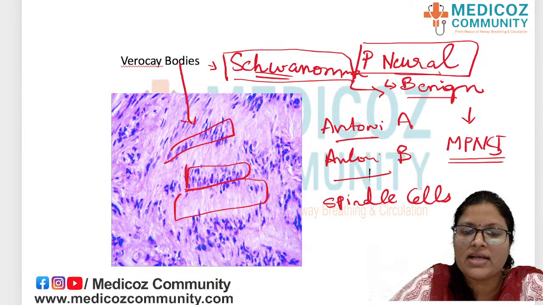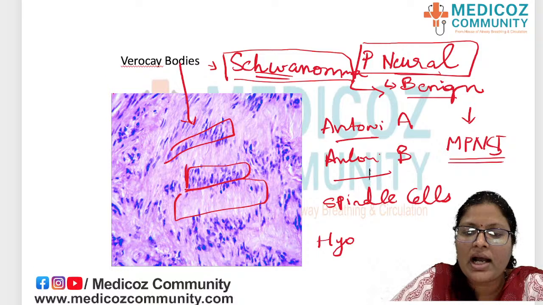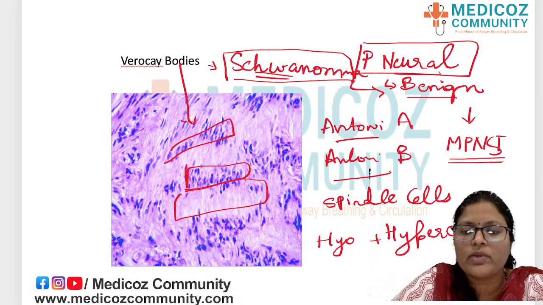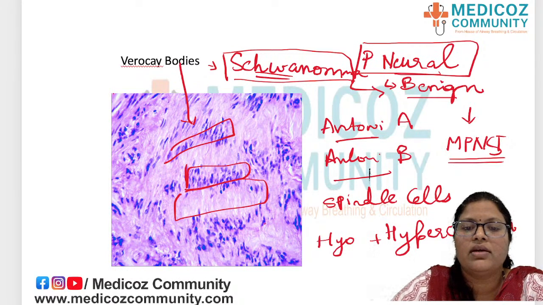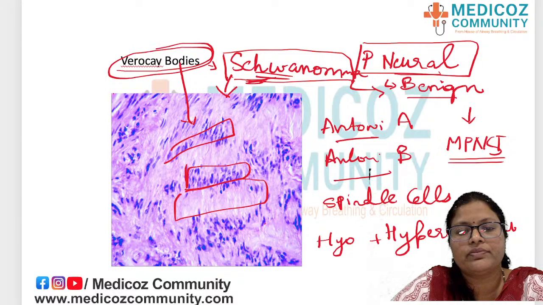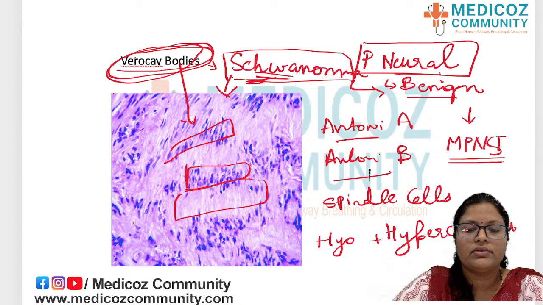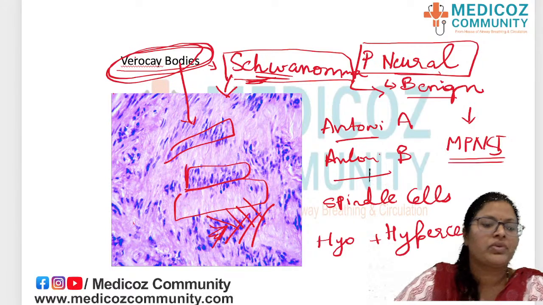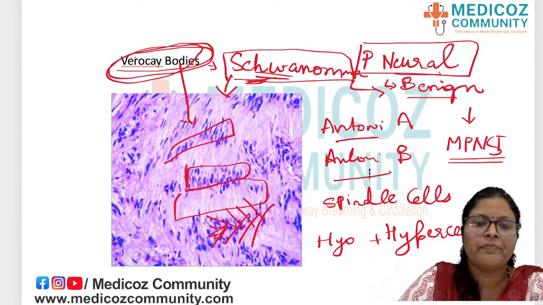So this tumor has hypocellular and hypercellular areas. So whenever you see a tumor with hypo and hypercellular areas, please remember they are asking you to mark schwannoma, and Verocay bodies are seen in schwannoma. Okay, this is the palisading bodies here. Verocay bodies.